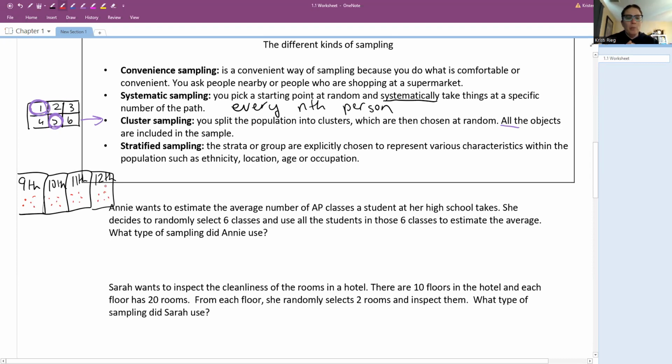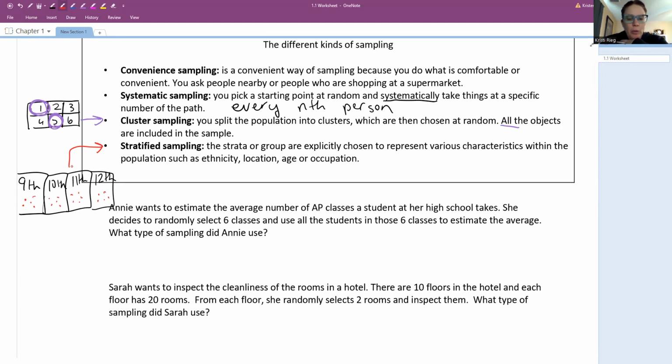So I split people up based off of some characteristic, their ethnicity, location, age, in this example, grade, and then I pick a few people from every group. So cluster up above was a few groups, pick everybody. Stratified was pick every group, but just a few people out of each group. Yay.